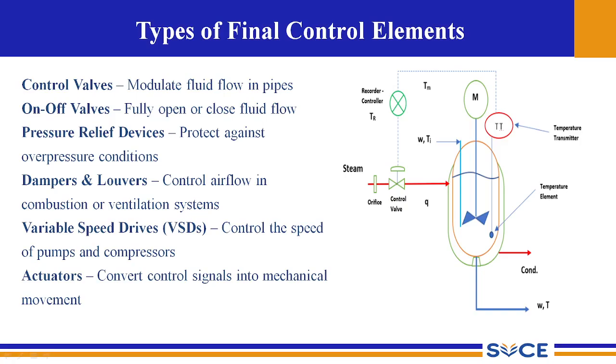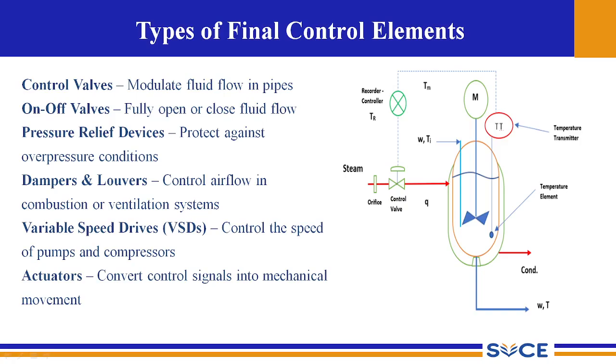If on the other hand the temperature is reduced inside the reactor, then we need to maintain that value of temperature by providing heating by the steam, by opening or increasing the flow rate of the steam. So that is the idea behind this control loop.